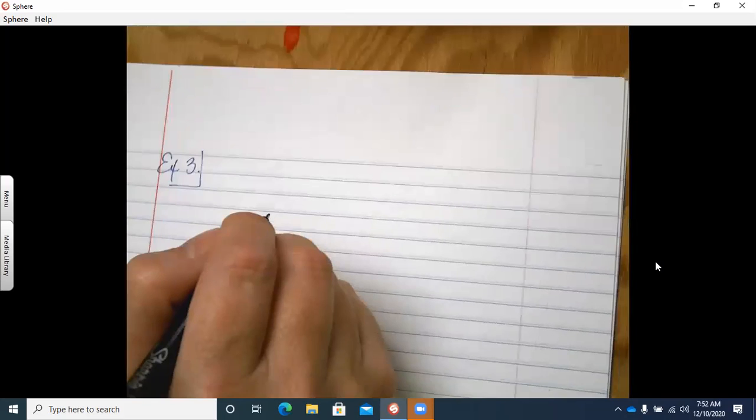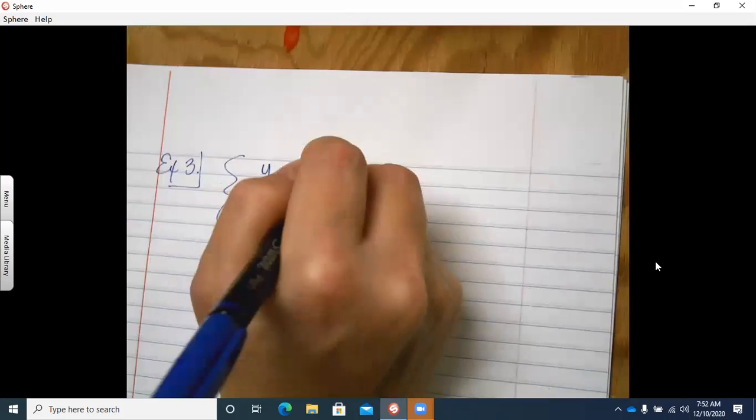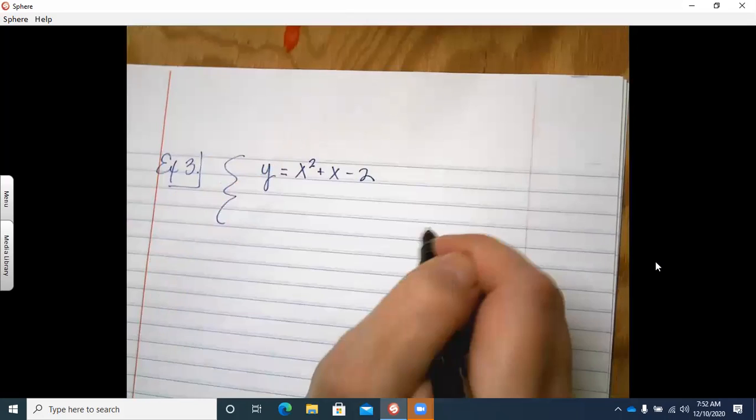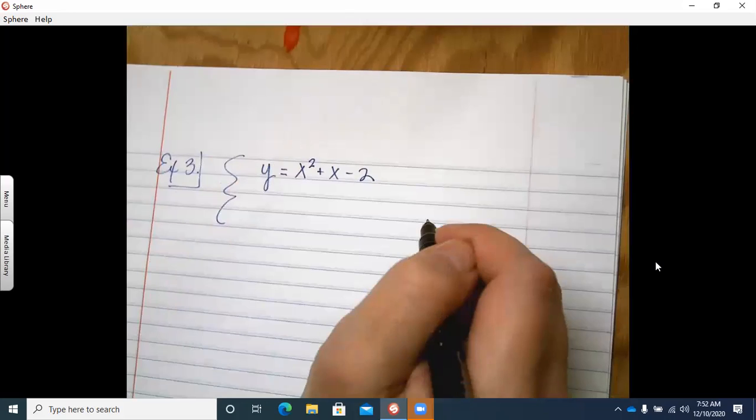Example 3. Now this is going to be a line and a parabola. So it will be like the first problem. So my system is y equals x squared plus x minus 2. So that's my parabola, and it opens up, right?